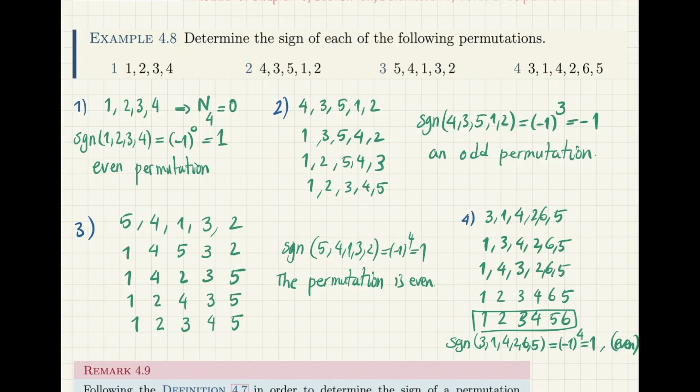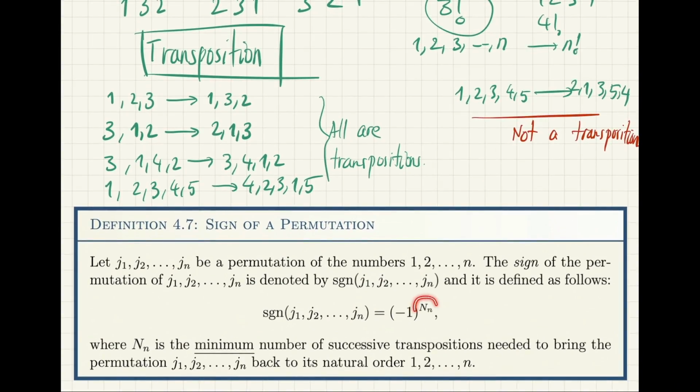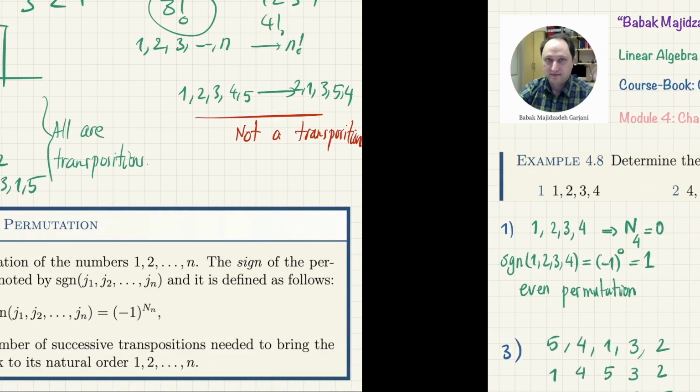So determining the sign of a permutation is very simple. But let me say, in each case, I tried to somehow convince you that what I counted was indeed the minimum number of transpositions needed, as is required by the definition. If you go back to the definition, you see that this number is supposed to be the minimum number of transpositions.